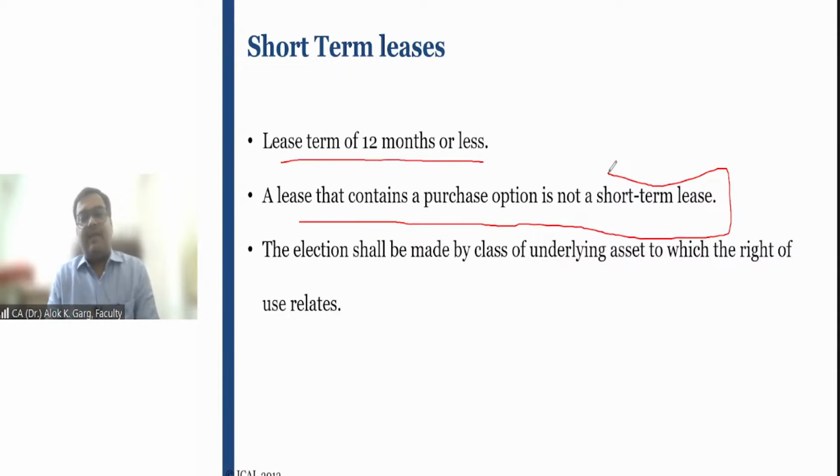So let's say a lessee has taken a car lease on a rental basis for 10 months. There is a renewal option which is available for 6 months, and at the commencement of the contract, the lessee is reasonably certain that he is going to avail the renewal option of 6 months. Now, friends, you need to tell me what is the total lease term and whether the lessee can avail the short-term lease exemption or not.